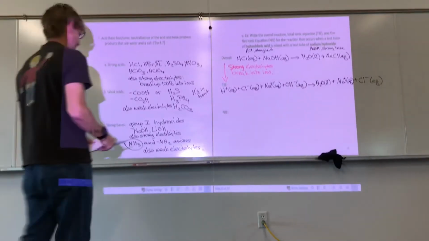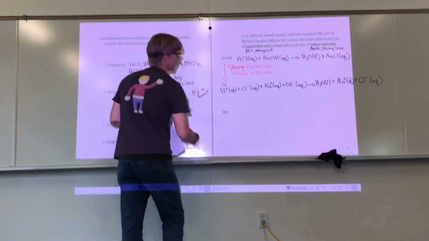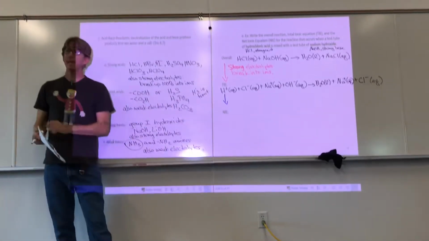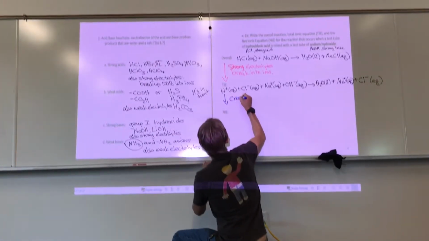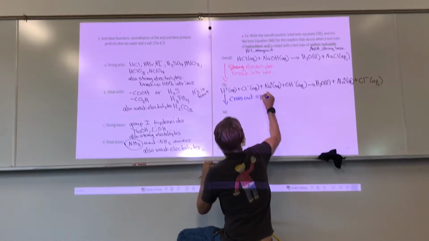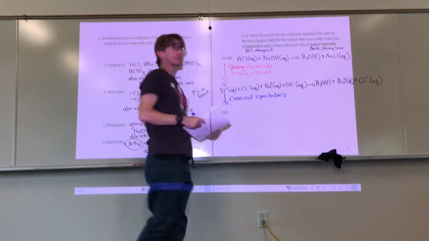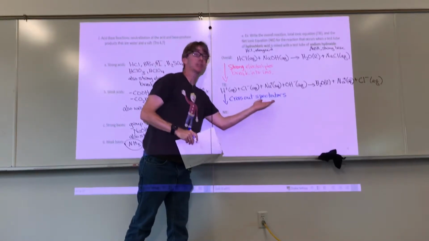That is a strong electrolyte. TIE to NIE, cross out spectators. My cute name for spectator ions, taters.